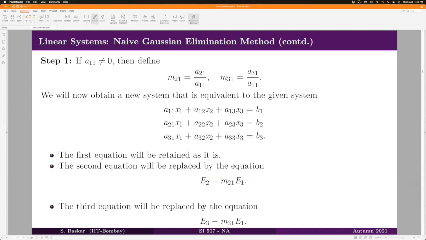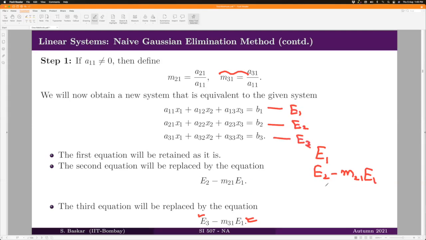The third equation will be replaced by the equation E3 minus m31 into E1, right? Therefore, your new system will be E1 kept as it is, E2 minus m21 into E1. Remember, this is your E1, this is your E2, and this is your E3, right?